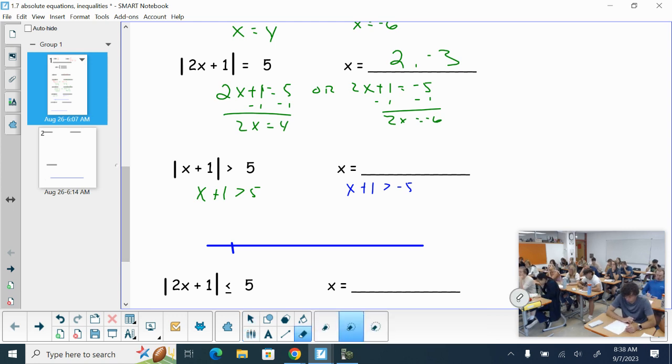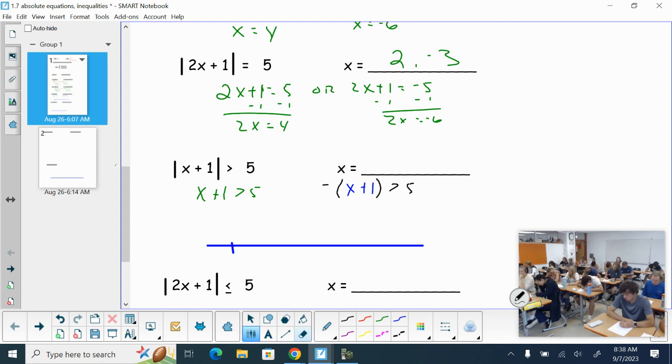And in that definition, what we can do is put the opposite of the x plus 1 is greater than this value of 5. So when we have the opposite of the quantity x plus 1 is greater than the value of 5, we can look to get rid of that negative sign by dividing through by that negative 1.